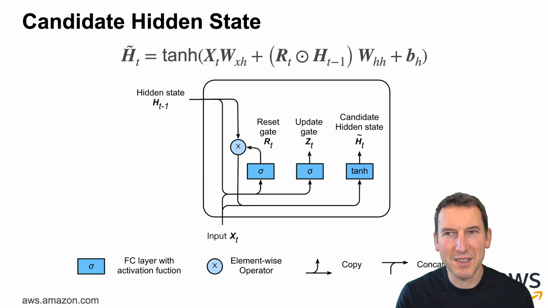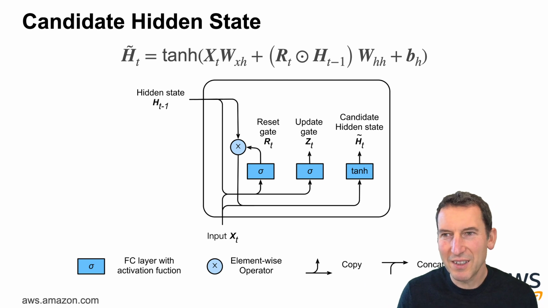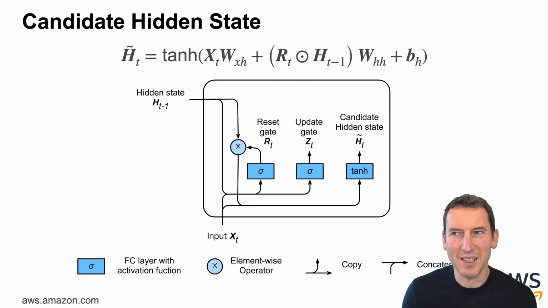For convenience, I throw a nonlinearity at it, in this case a tanh to keep the full range. In any case, I get something where I'm gating how much I still want to carry over of the previous state, and how much to incorporate the current input. Okay, so this gives me a candidate hidden state.